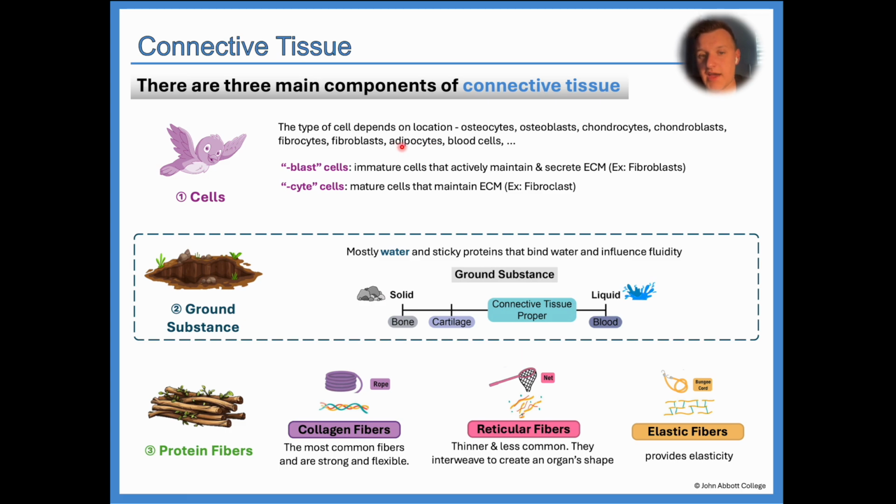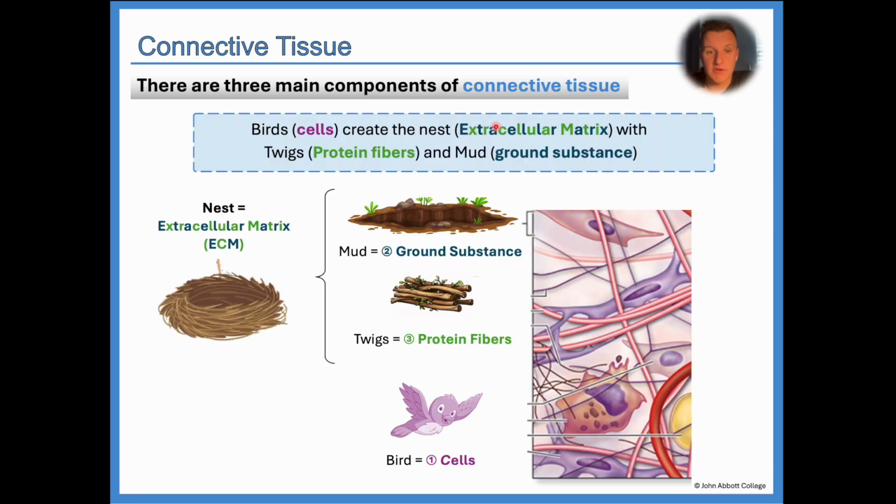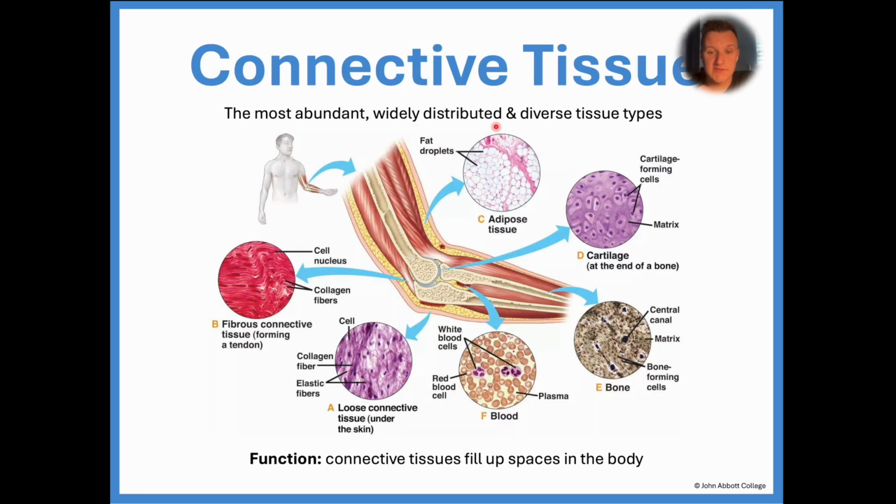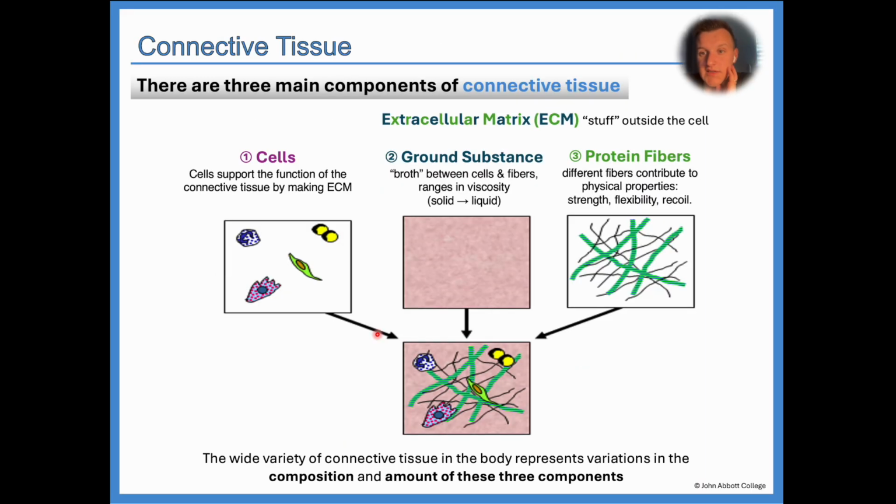Adipose means fat, so adipocytes are fat cells. Blood cells, I think you know what those are. These are all different types of cells depending on the different type of connective tissue. Look at all these types of connective tissue. Each of these will have a certain amount of those cells.